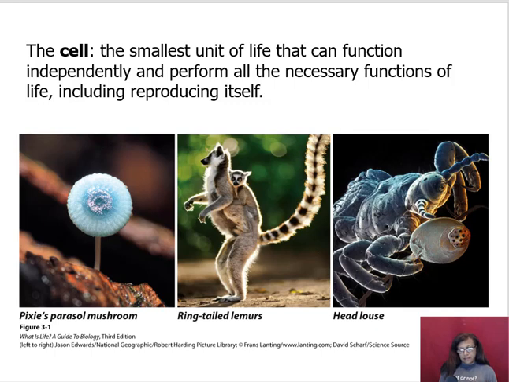And with that definition, we can see the huge diversity of organisms that we have on this planet. So here we have this beautiful pixie parasol mushroom, this ring-tailed lemur, this disgusting head louse. All organisms are made of cells.